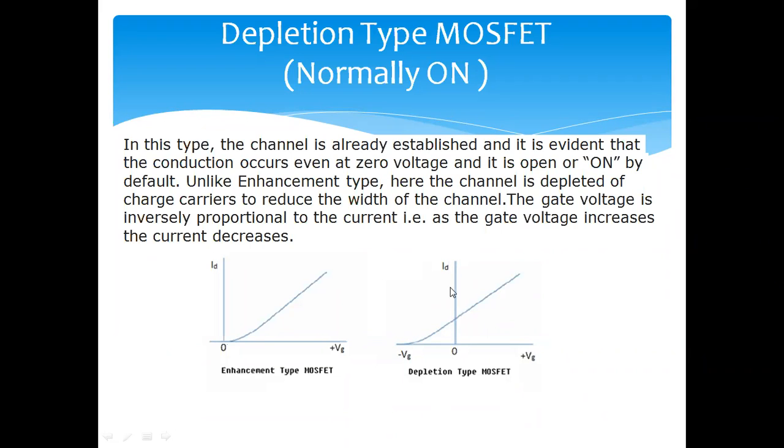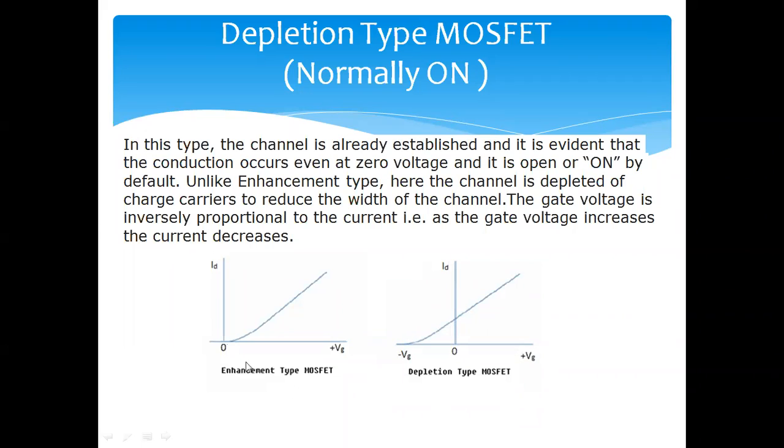Voltage. On y-axis what is there? Drain current. That means the VI characteristics clearly show for a depletion type MOSFET at zero voltage, you are getting something on y-axis, and that means the ID value. That means at zero voltage also you are getting some quiescent current. That's why this type of MOSFET is known as normally on MOSFET.